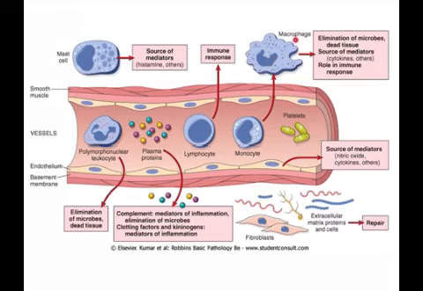So these macrophages release cytokines, which are mediators, and they have a very important role in immune response. So that is the function of macrophages in immune response. And then mast cells, in response to the mediators released by the macrophages, now these mast cells further release histamine and some other mediators also.